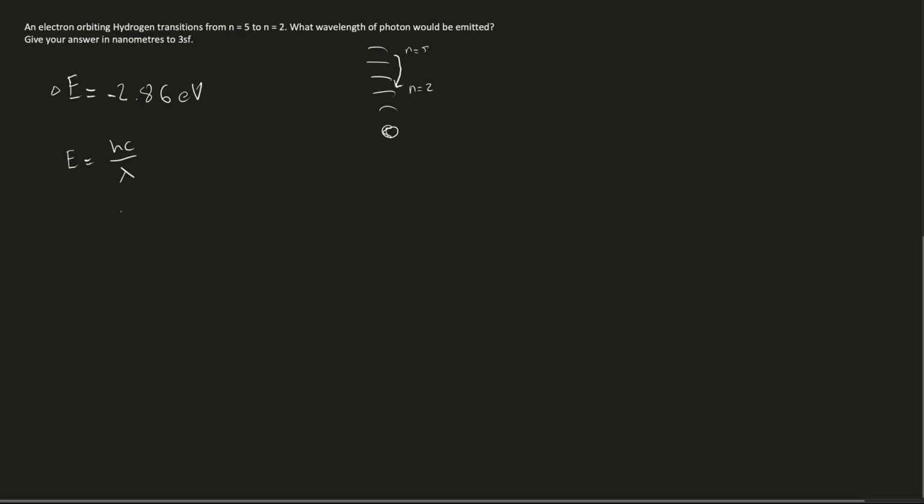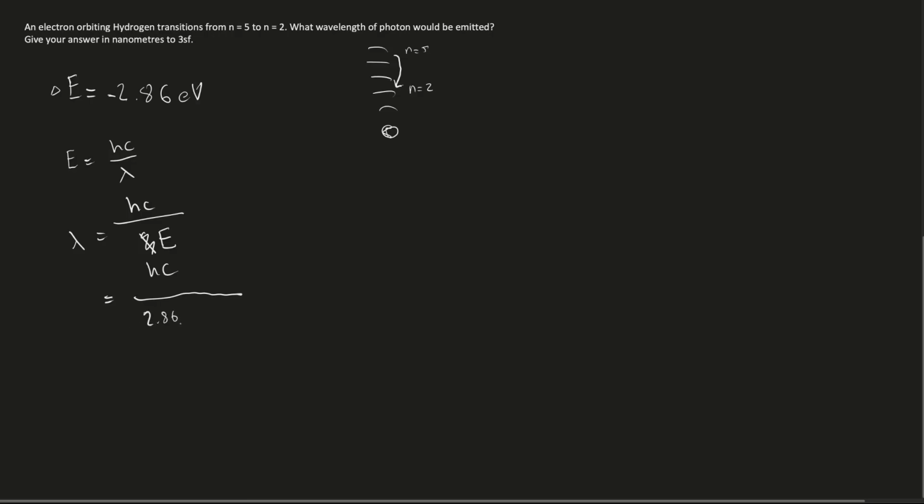So, rearranging our photon energy equation, we have the wavelength is equal to Planck's constant times the speed of light over E. And now, substituting in our values, we have Planck's constant times the speed of light over our energy. Now, this is how much energy the electron lost, but the amount of energy the photon gained is just going to be the positive of that. So we've got 2.86.